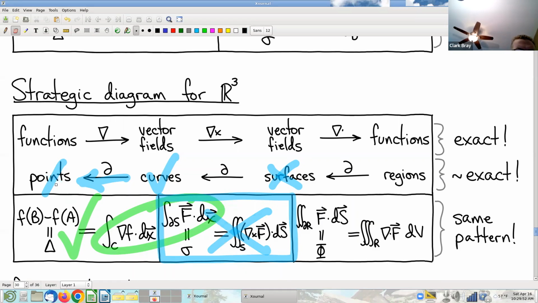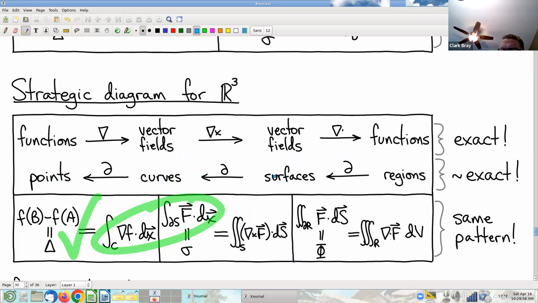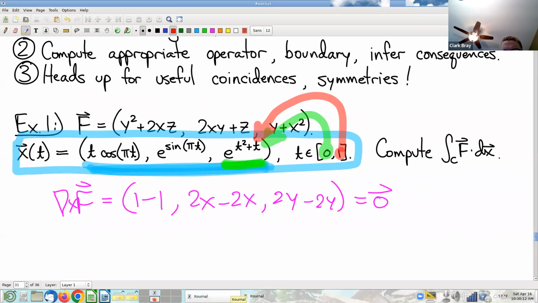So we kind of have just the one option here. Well, okay, to be fair, we have two. There is an anti-gradient, which is why I can use the fundamental theorem of line integrals. But whenever there's an anti-gradient, that means another option is path independence. So you really, again, have kind of two options here now.